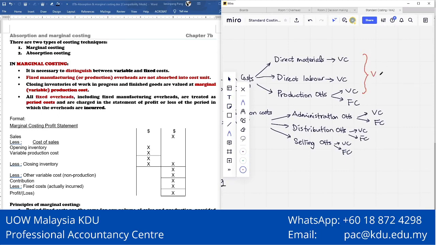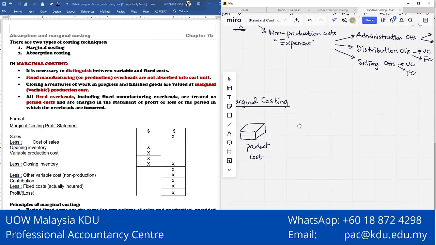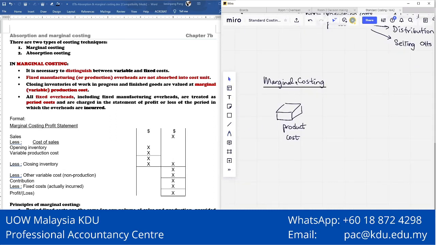These are all variable production costs. I want to calculate how much the product cost per unit is under marginal costing. So the total product cost per unit is equal to variable production cost.